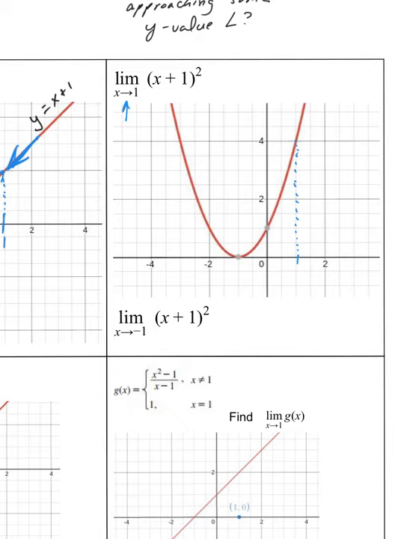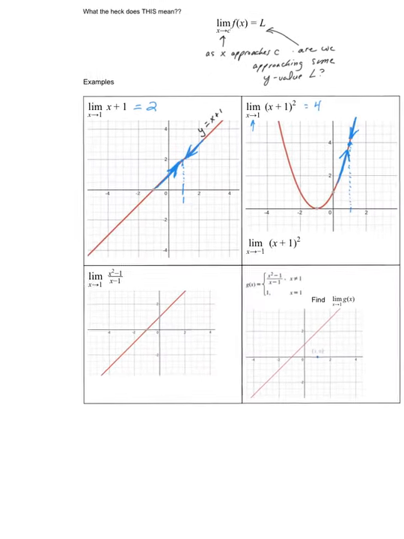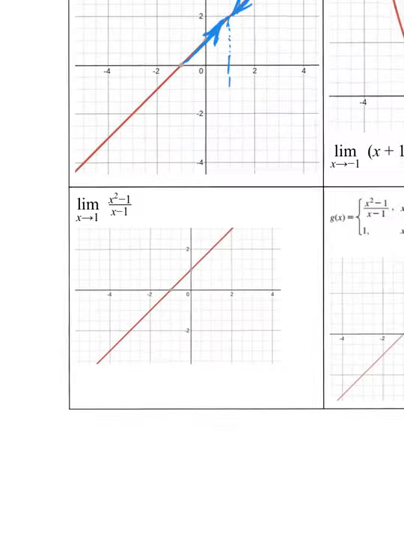If you're riding your function coming in on the left, you can see that you're reaching some y value. And the same in the other direction. As you approach x is 1 from the other direction, you're getting to the same place. Both ends are pointing to a y value of 4. So that's the answer to the limit. This is graphically what happens.